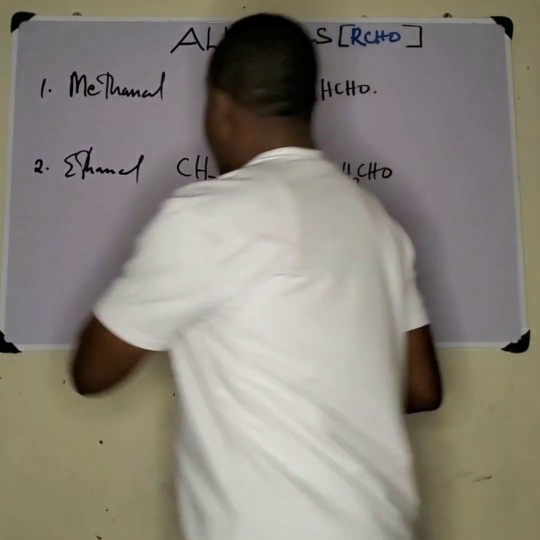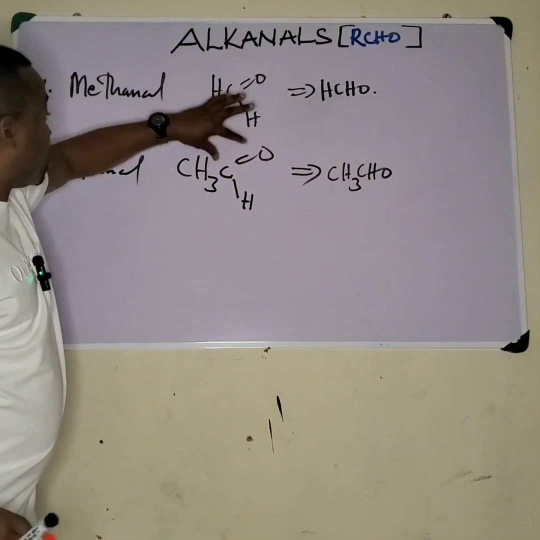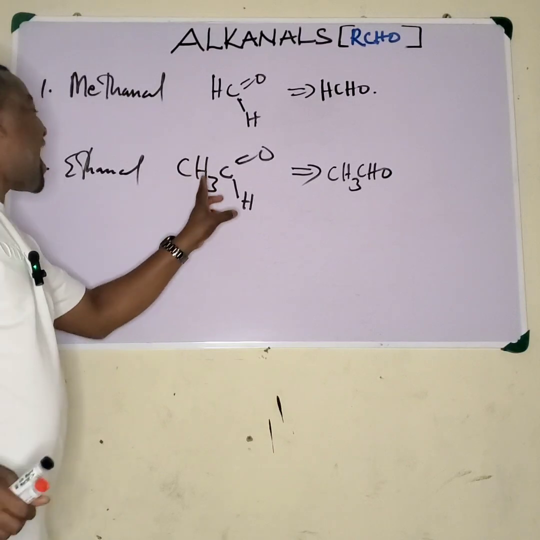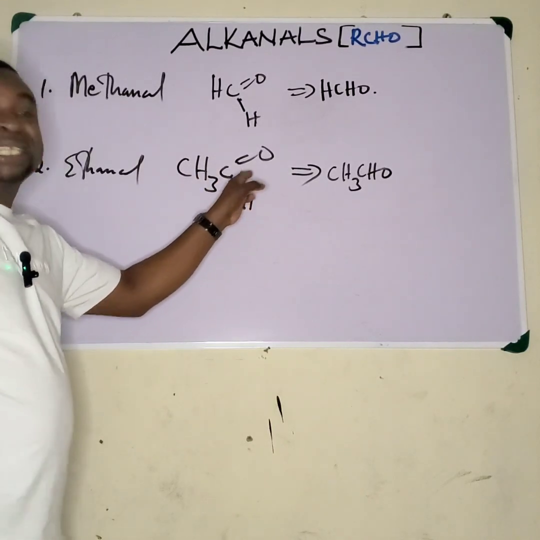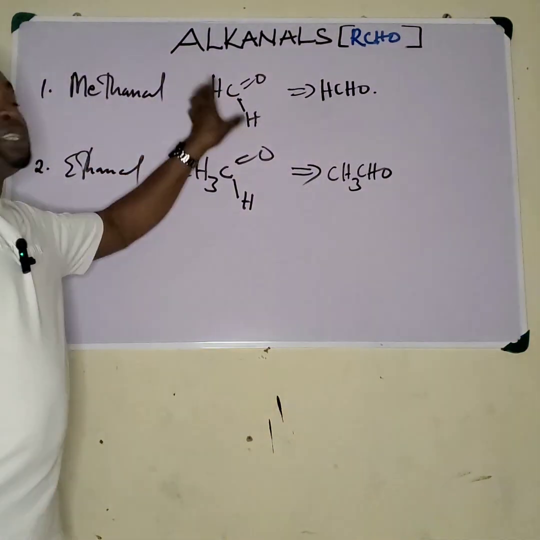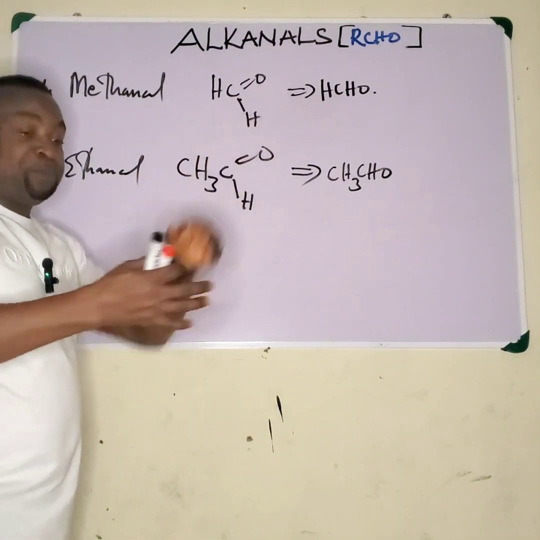So this is known as ethanal. Remember, it has a carbonyl group. Here, we have an alkyl group attached to this carbonyl group, and also a hydrogen atom attached to the carbonyl functional group.